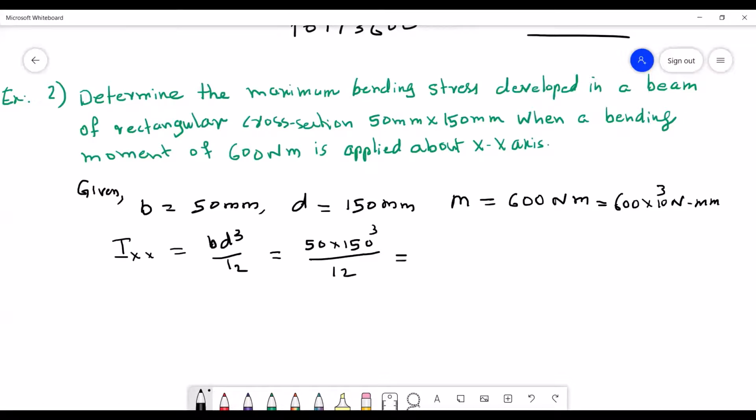So we are going to get 1406250 millimeter raised to 4, and here y is equal to d by 2, that is 150 divided by 2, which is 75 millimeter.